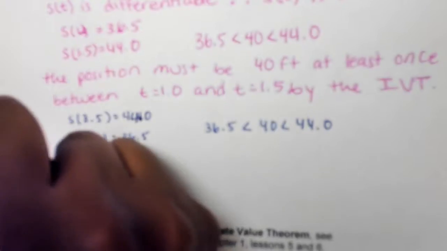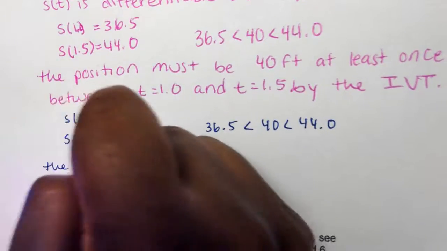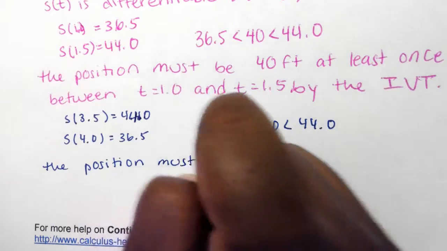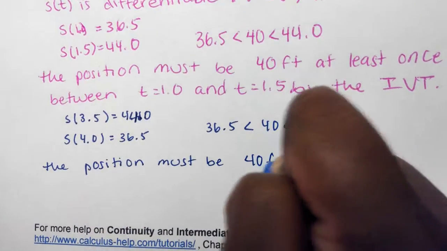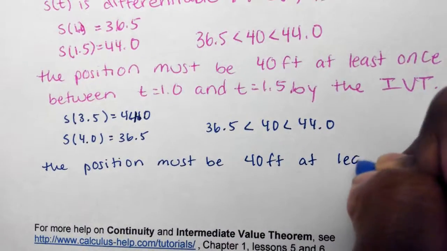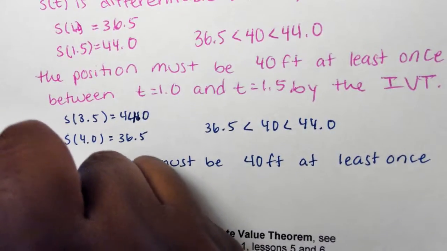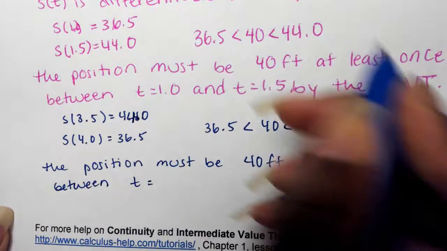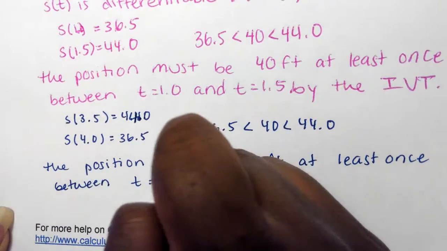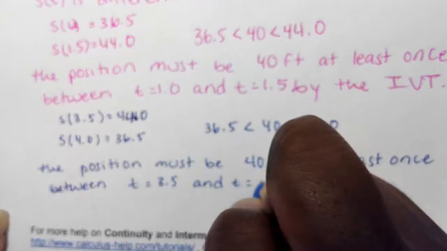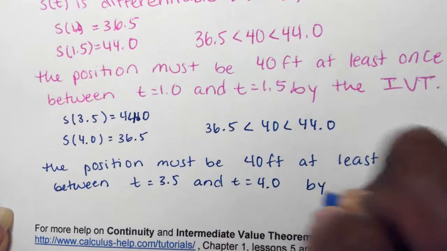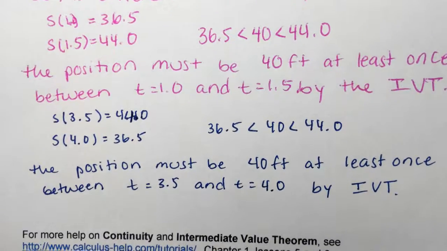So again, 36.5 is less than 40, which is less than 44.0. So the position must be 40 feet at least once between t equals 3.5 and t equals 4.0, by IVT.